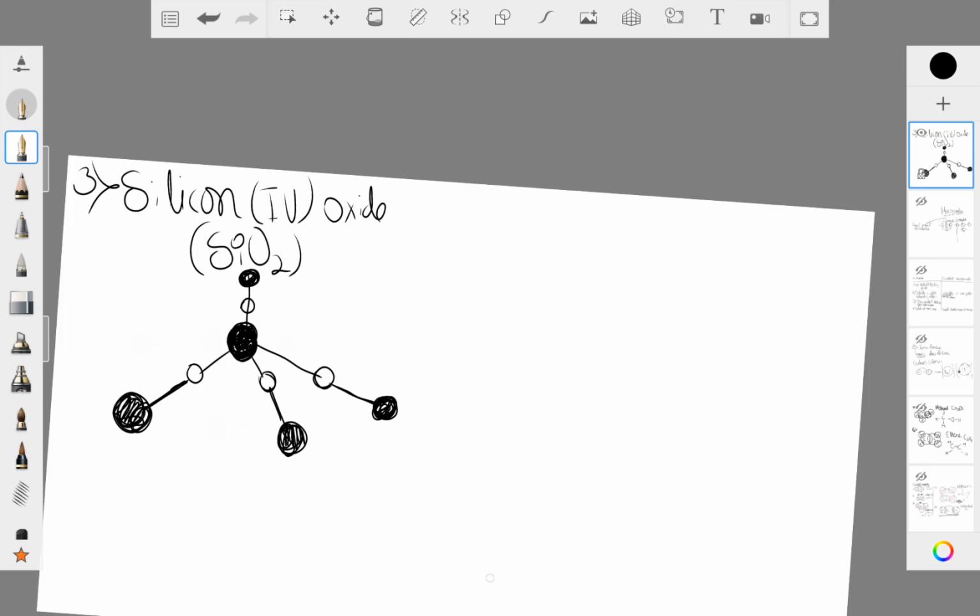When describing the structure of silicon dioxide, you basically just need to mention that one silicon atom forms covalent bonds with four oxygen atoms, and each oxygen atom forms bonds with two silicon atoms, as you can see from my very rough sketch.